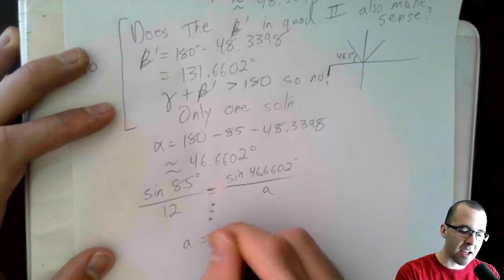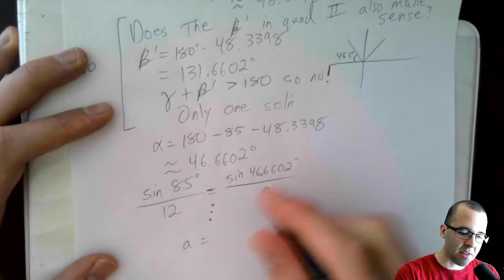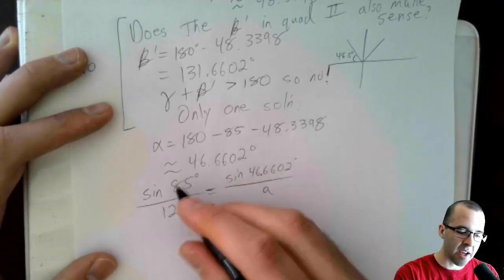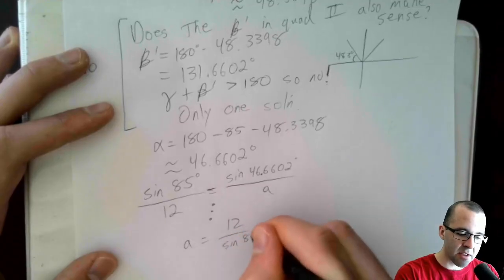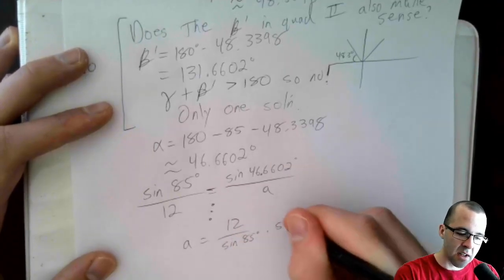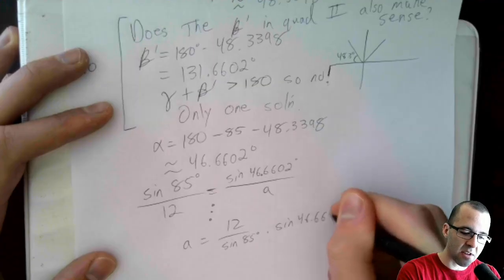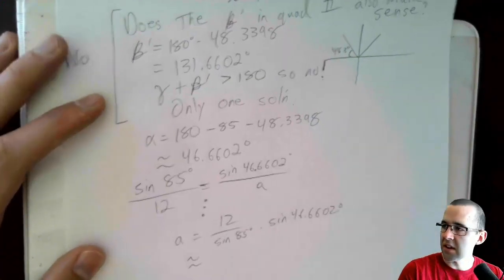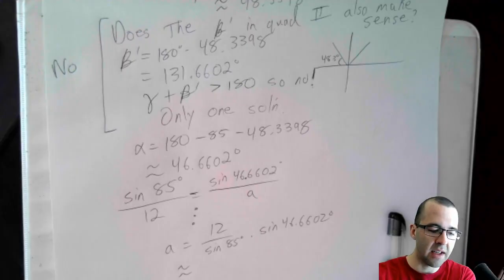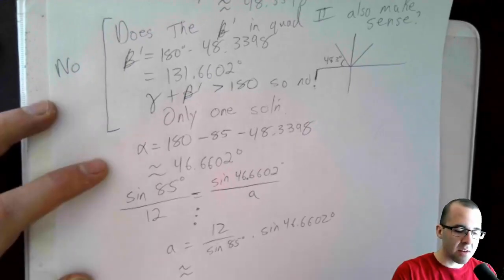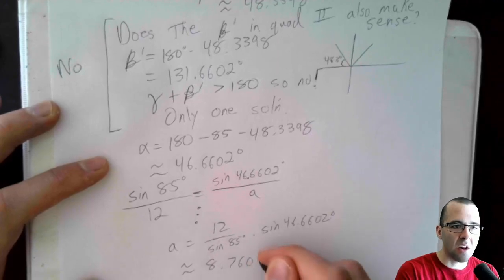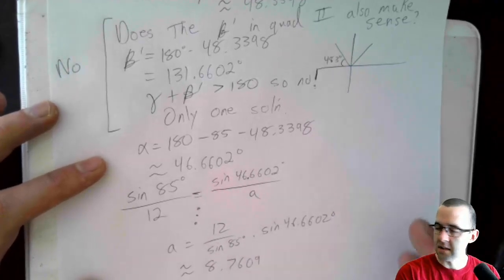A is going to be, multiplying by the reciprocal, 12 divided by sine of 85 degrees times sine of that 46.6602 degrees. And that'll give us A is approximately 8.7609, or about 8.8.